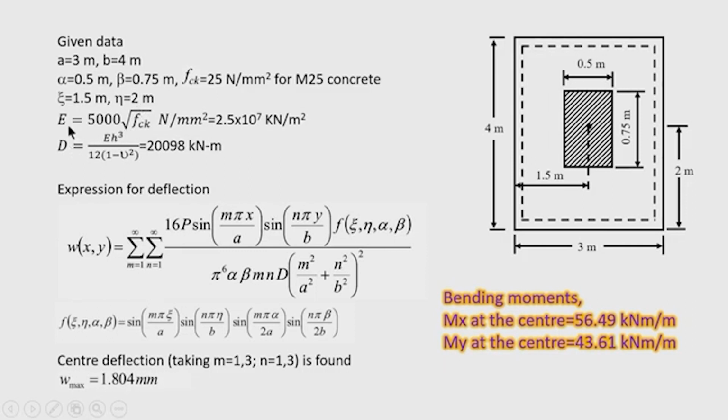Modulus of elasticity: because in this problem only the characteristic strength, that is the grade of concrete, is given, based on the grade of concrete, say M25 concrete is selected here. For M25 concrete, characteristic strength is 25 Newton per mm square. So, modulus of elasticity is given by this formula from the Indian Standard Code.